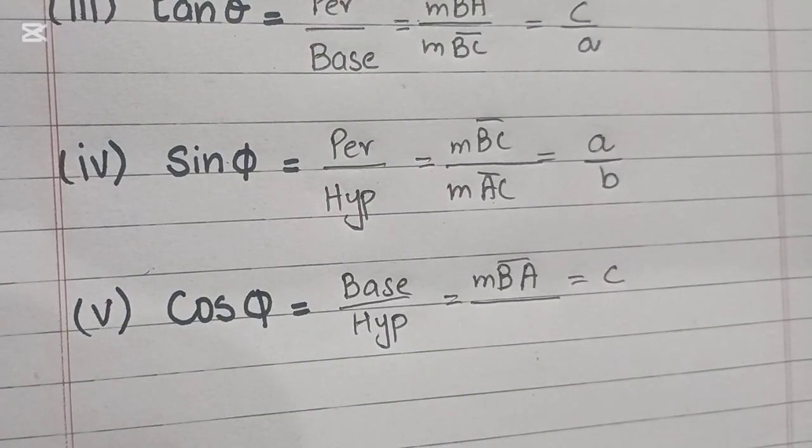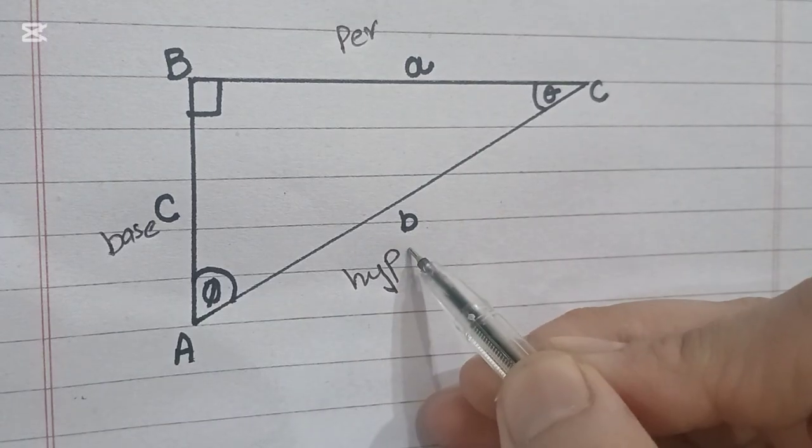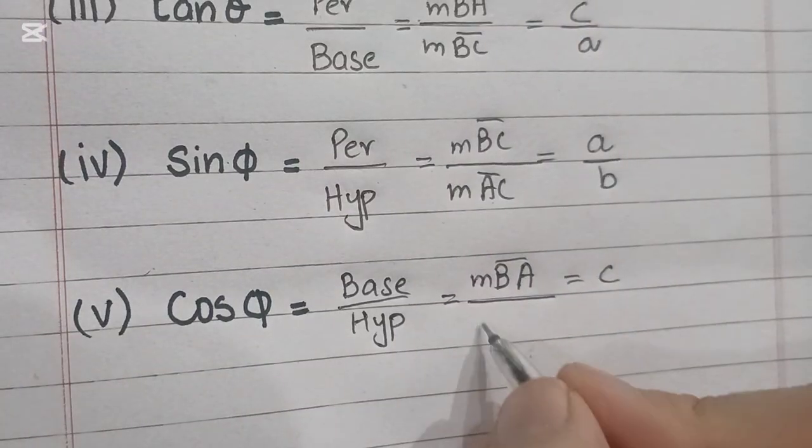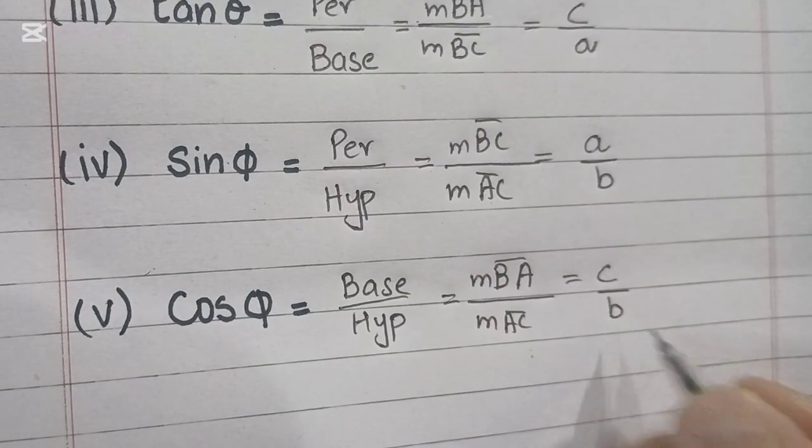And the hypotenuse is measurement AC, which is equal to b.